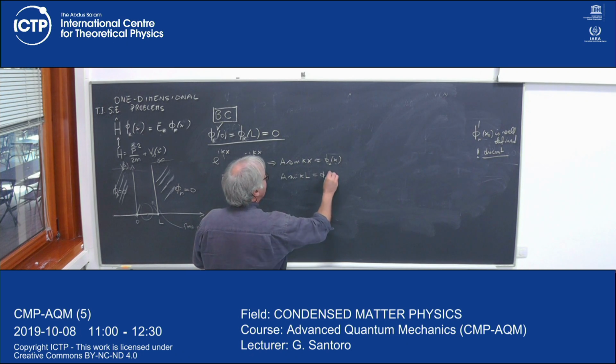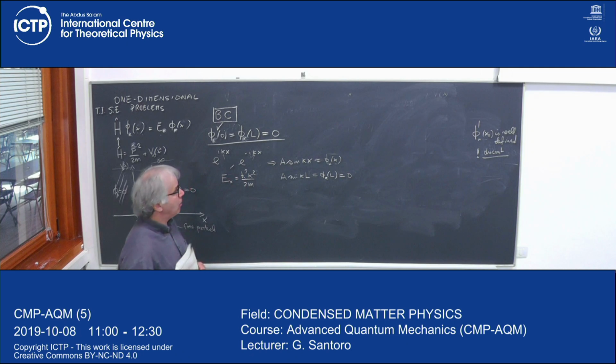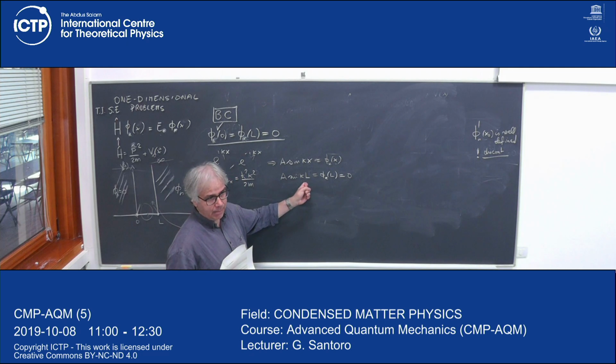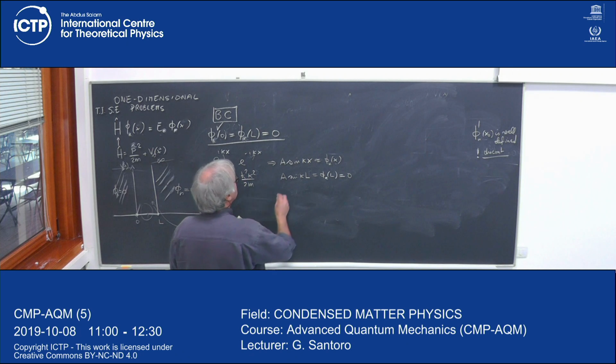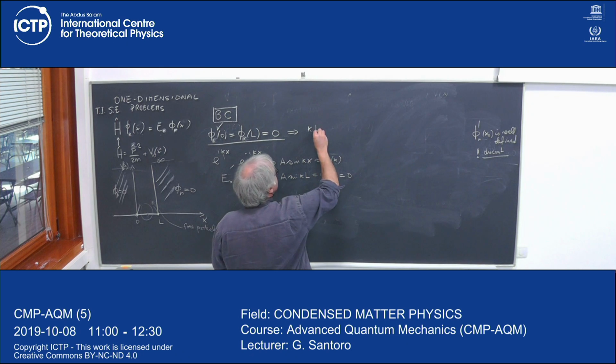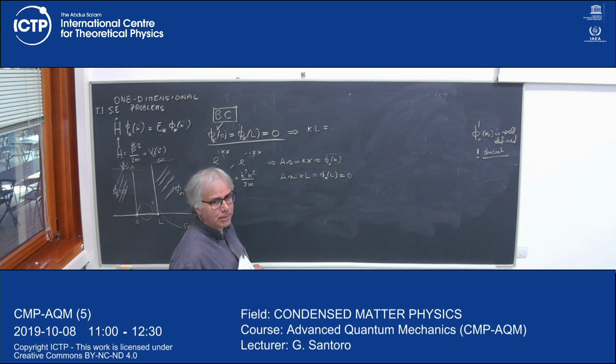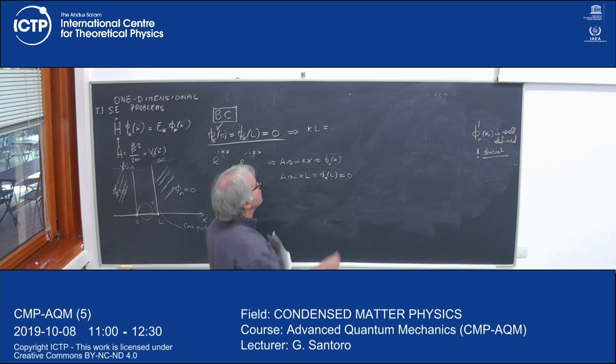So phi k of L should also be 0. Now, it is not 0 for any L. Obviously, I have to impose that k times L is what? When the sine is 0? A multiple?